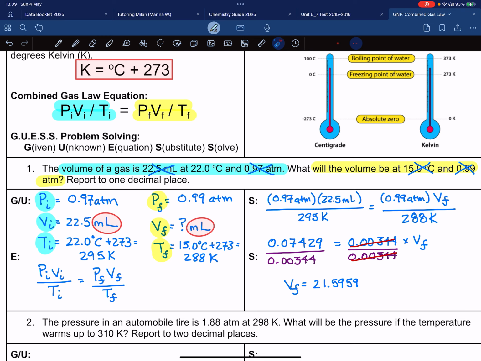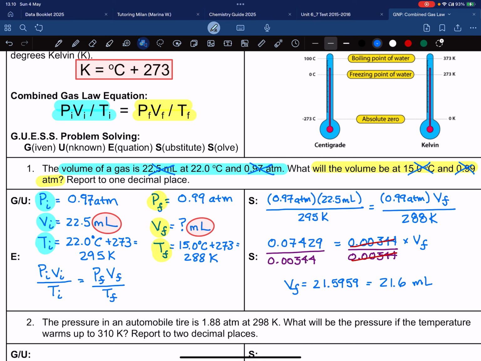I want one decimal place, so it's going to be that one right there, right? The number behind it is greater than 5, so I'm going to round up to 21.6. It's a volume. What was my unit? It was milliliters.